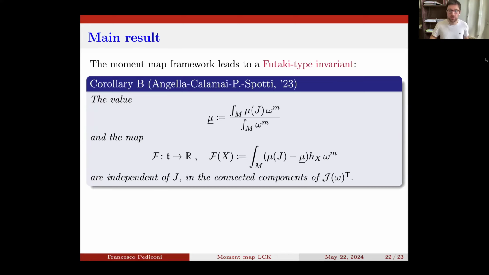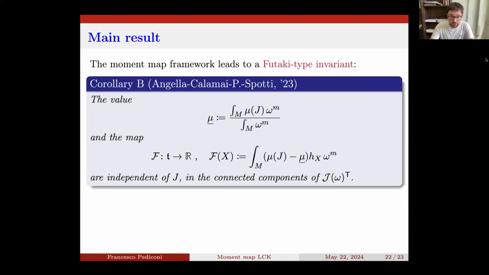So this is a corollary of the previous theorem, and in particular, the value mu bar is given by a certain average of the integral of mu J, and the map f assigns to a vector field X the integral of mu J times the Hamiltonian potential of X.